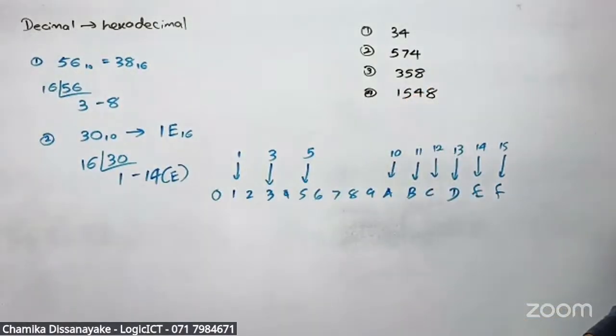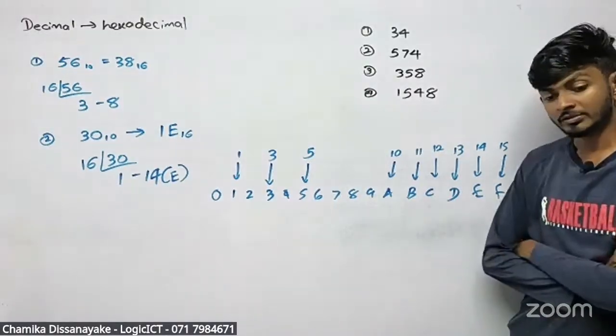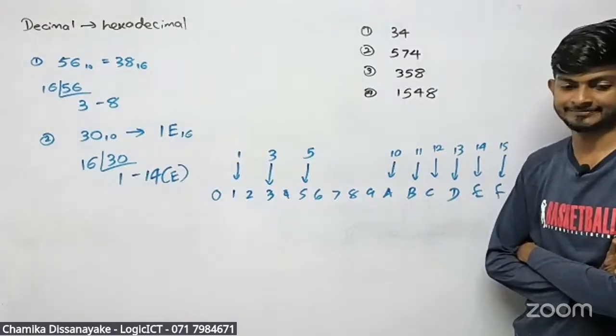There are only four for conversion of hexadecimal. Just write these four and let's move to the next part.